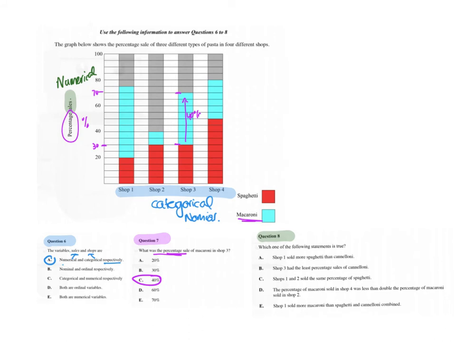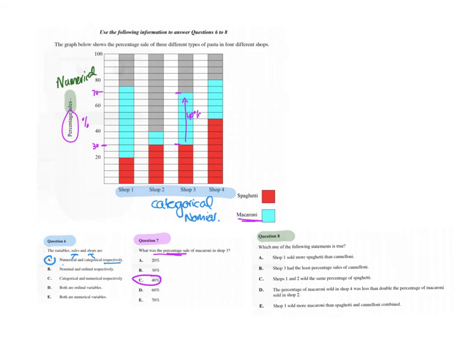No. The percentage of macaroni sold by shop 4 was less than double the percentage of macaroni sold by shop 2. So is the blue in shop 4 less than double the percentage of the macaroni in shop 2? What are we looking at?